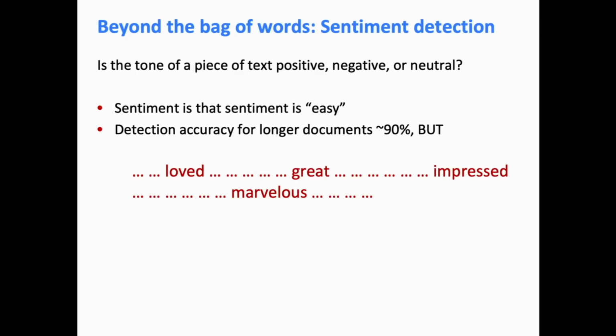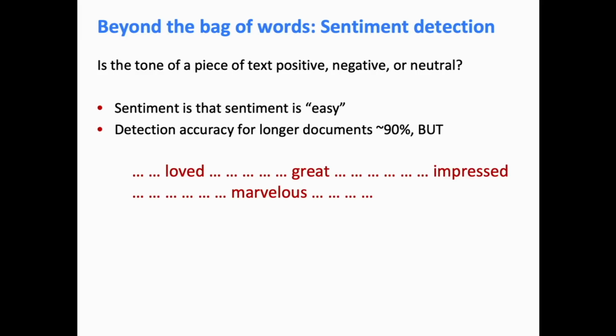You're looking at a piece of text and you're saying, is it positive or negative? And that's very useful for lots of commercial applications of looking at product reviews or doing brand awareness and things like that, of looking at sentiment connected to things.